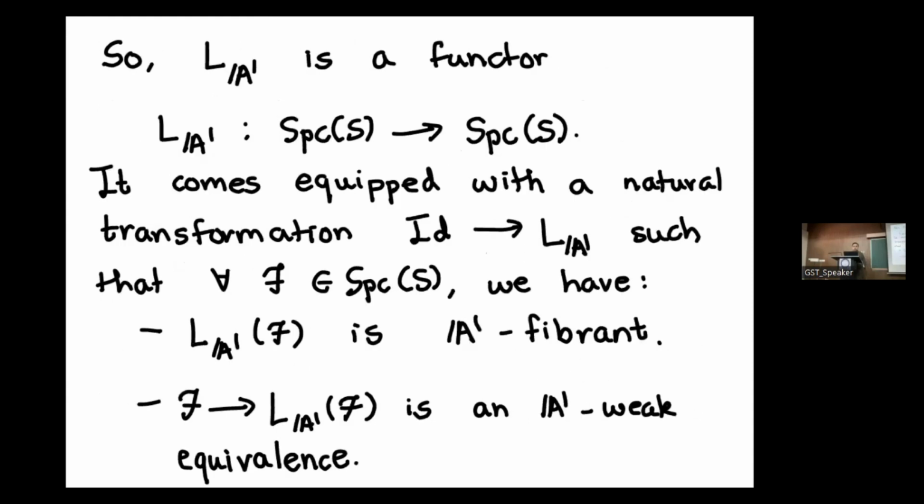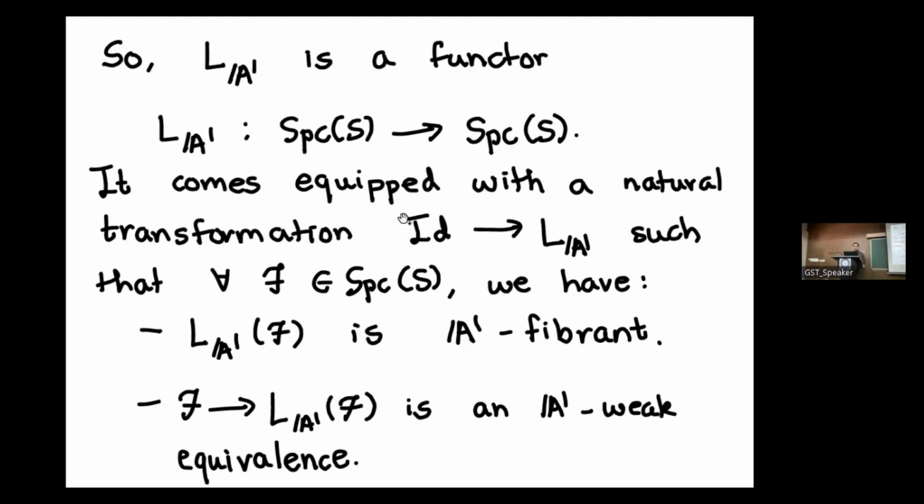So let us look at that. What is this fibrant approximation functor? It is a functor which goes from the category of spaces to itself. What it is supposed to do is take any space and look at a fibrant space which is A1 equivalent to that. I will talk about what I mean by A1 equivalence.